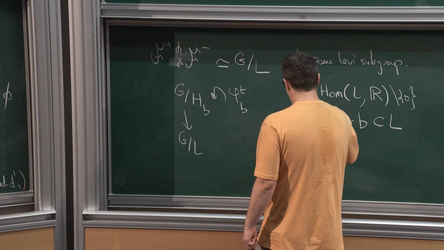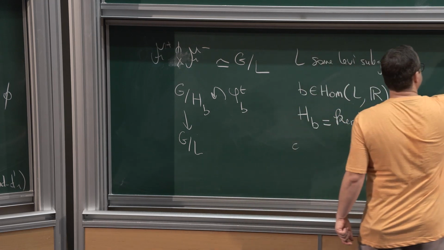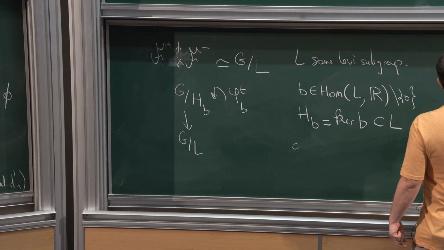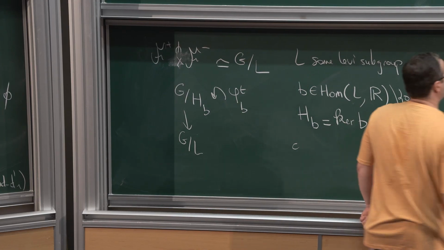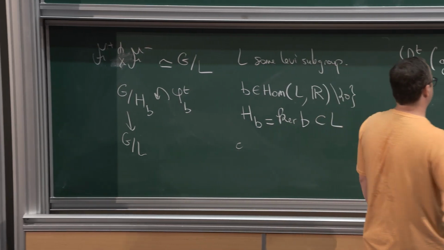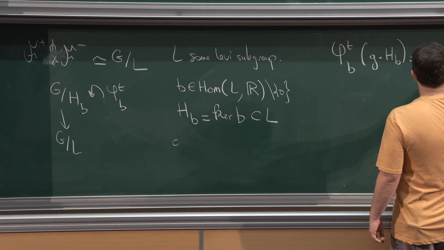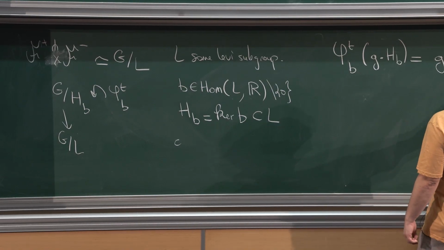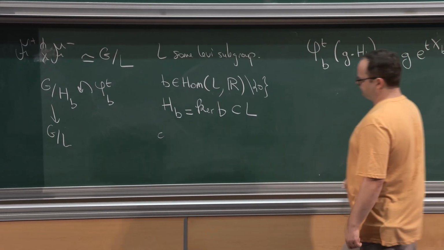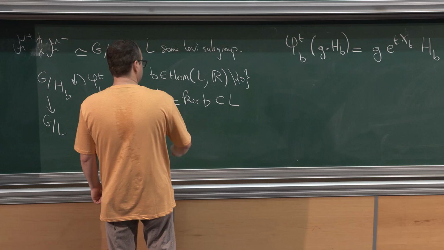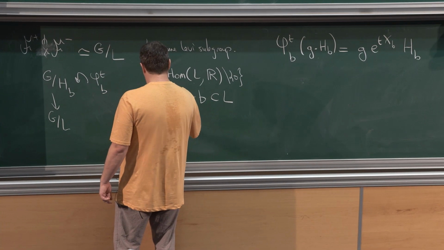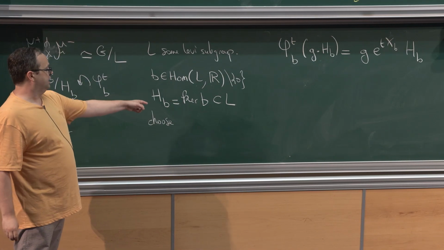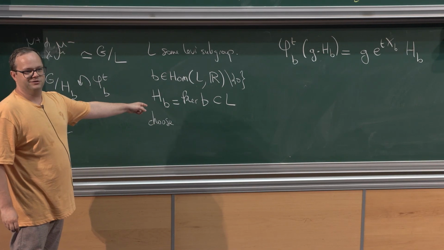So what you do to define a flow is you want to flow out the class of some g by multiplying on the right by some element X. You want X to not be in H_b, right? Otherwise, this will be quite trivial.